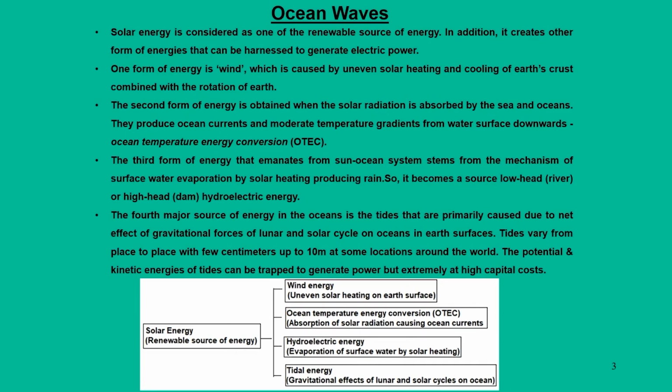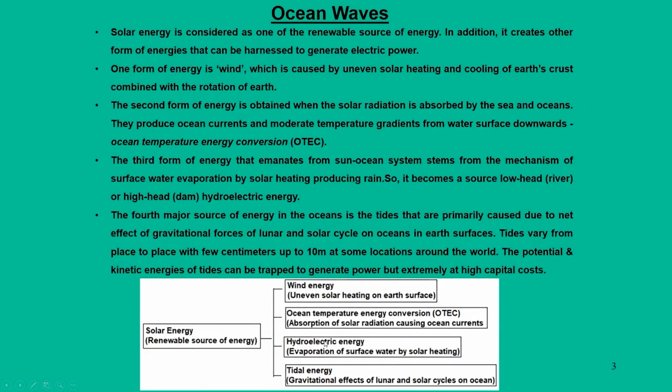So there is a definite potential of temperature difference between the deep water and the surface water, close to about 15 degrees centigrade. When we harness energy or power output through this temperature difference, we call this ocean thermal energy conversion.